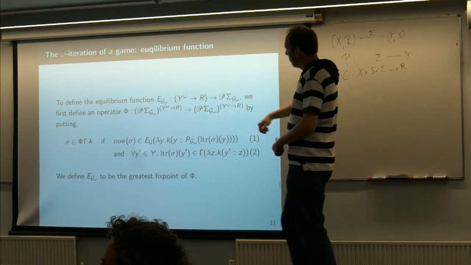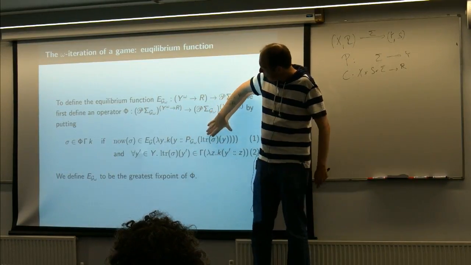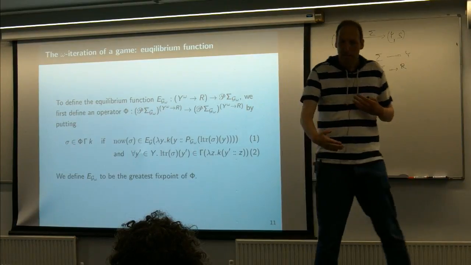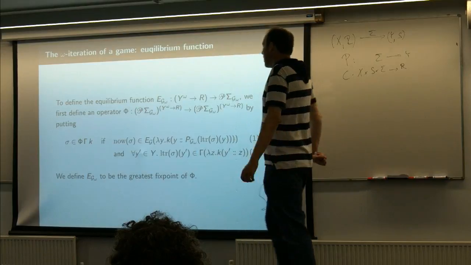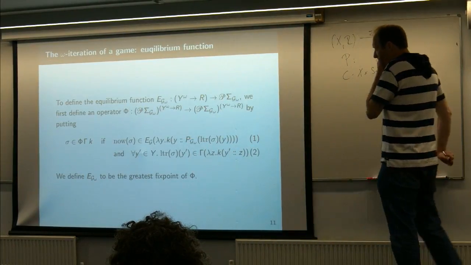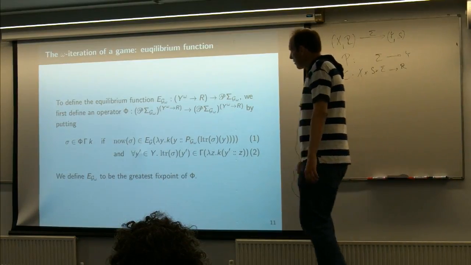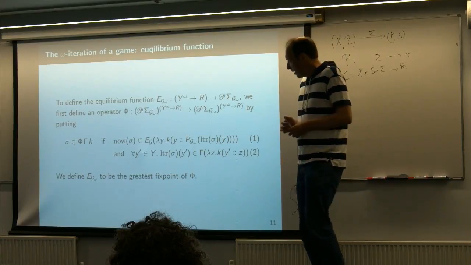So basically, this has only one hole here, which is that move in the current round, and the future is just as prescribed by the strategy. So the current strategy has to be optimal with respect to this payoff function. This is just local optimality.